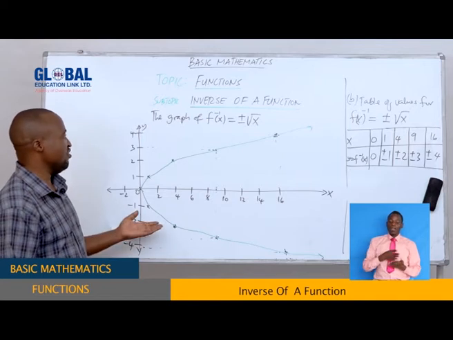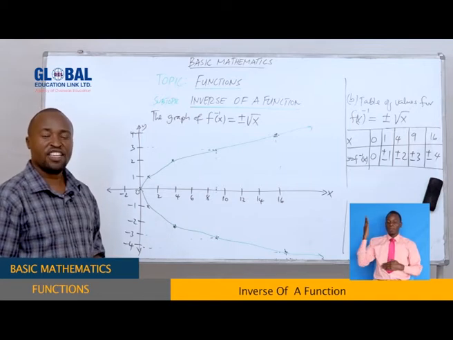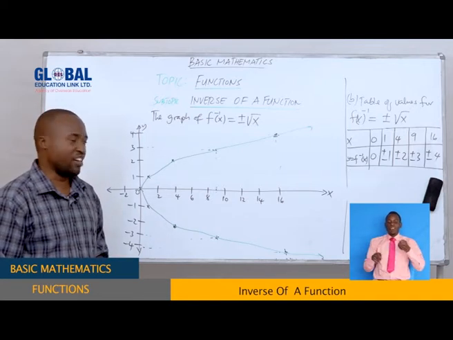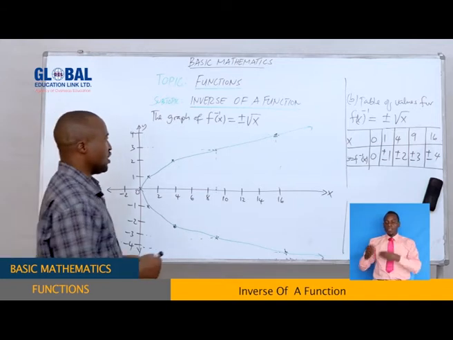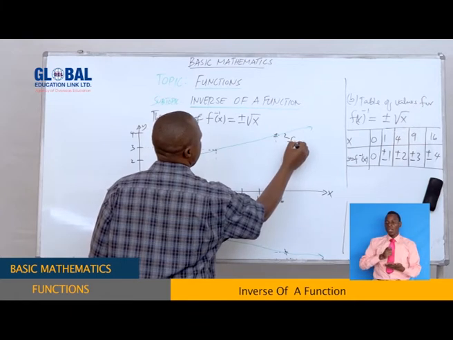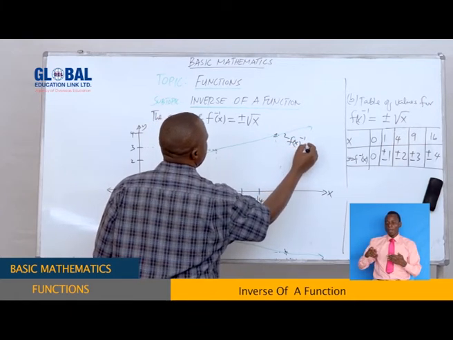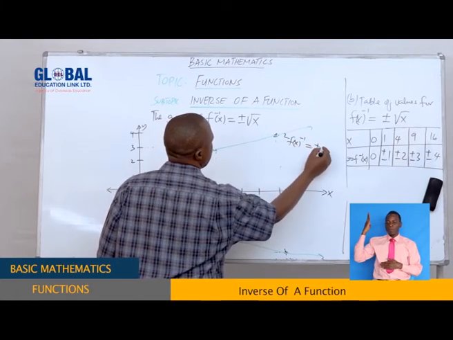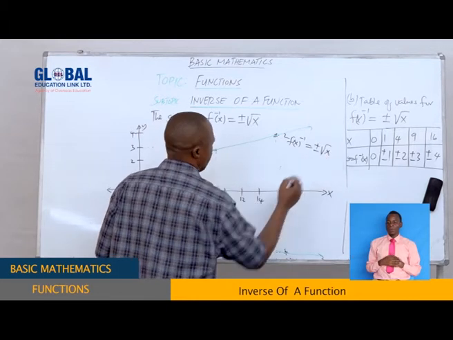That is the inverse of the given quadratic function. So make sure that you name this graph. That is f of x inverse. This is equal to plus or minus square root of x.